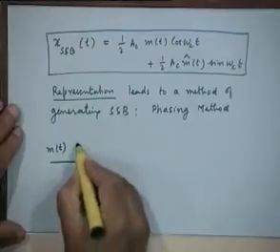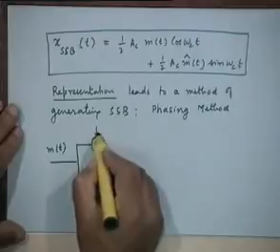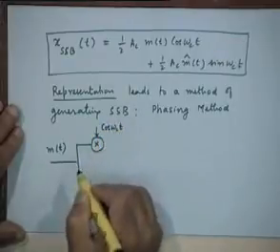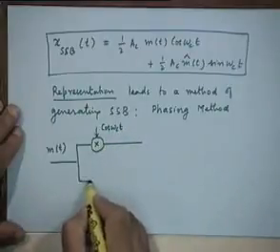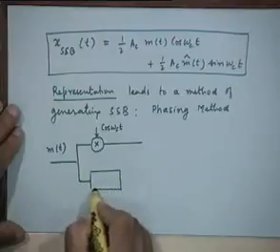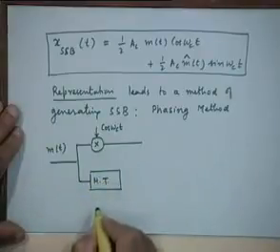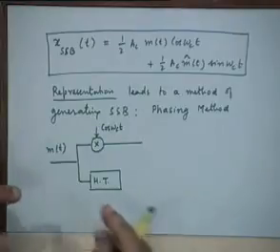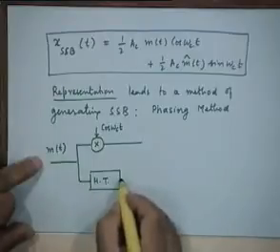So you have two branches. mt, you have a carrier component cosine omega ct, right? And that's one branch. In the lower branch, before you do this multiplication, you have to do a Hilbert transformation, which is what? It's a minus 90 degree phase shifter for all the frequencies present in mt, right?